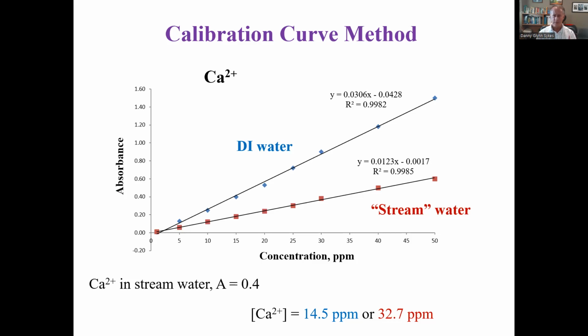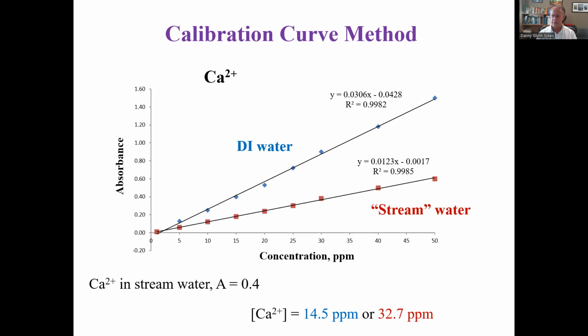So independent of the matrix, the linear range of response tends to be the same. We get different slopes based on how the method is impacted by the matrix effects, but no matter what the matrix, we tend to get the same linear range of response with respect to concentration and signal. Okay, and this will become important.